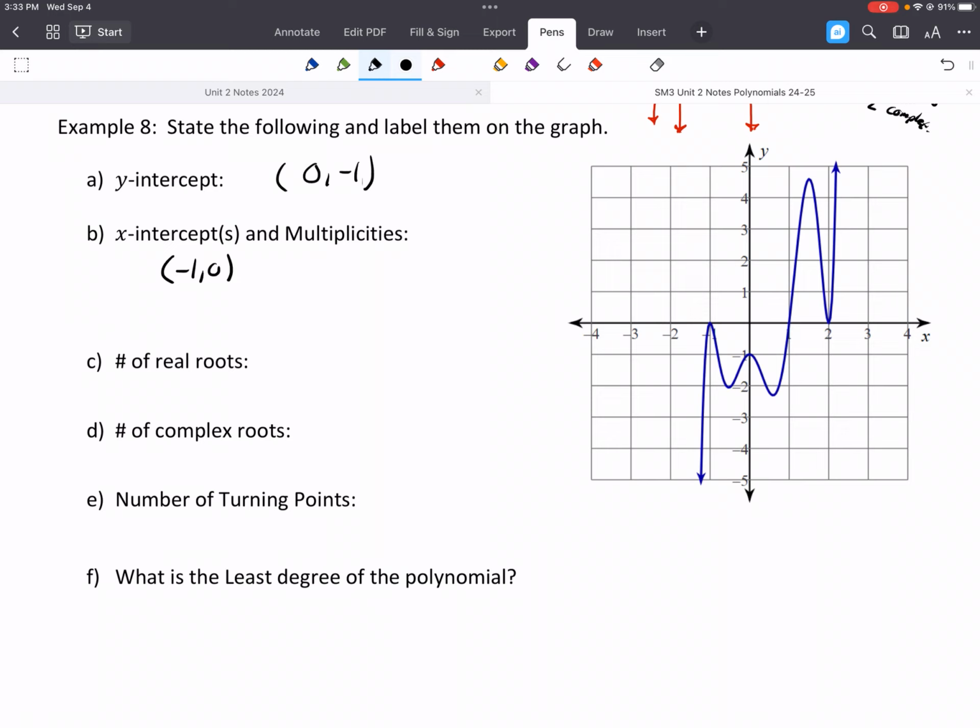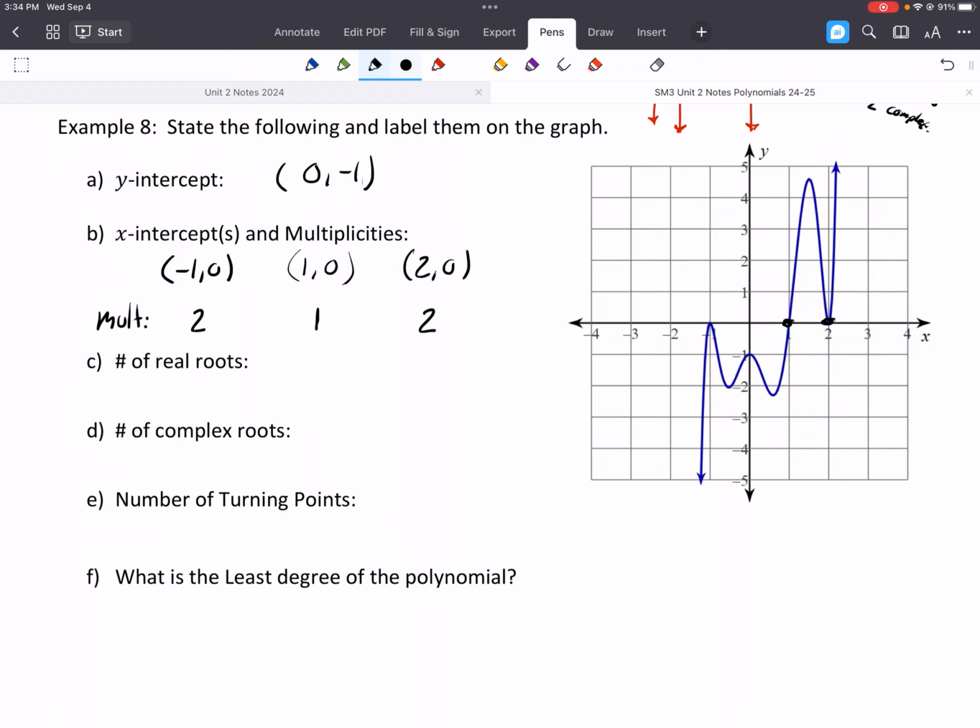And just looking at it already, our multiplicity would have to be a 2 because it touches, or it could be higher, like a 4 or a 6. But I think we're just going to assume that it's a 2. It also crosses at (1, 0). That goes straight through, so that would be a multiplicity of 1. And then we have another bounce at 2.